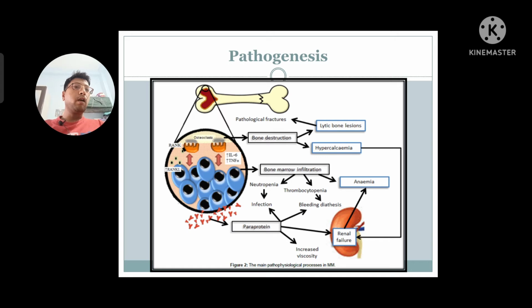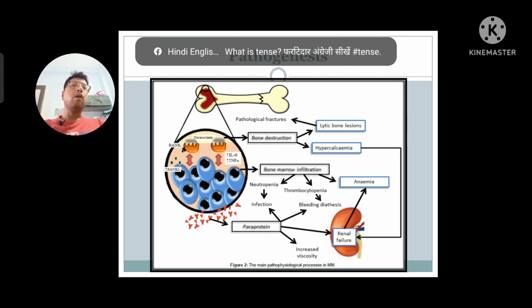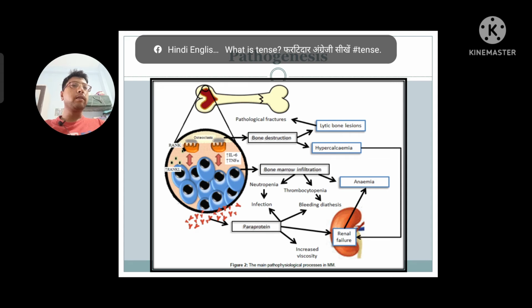Now the other part of the pathogenesis of multiple myeloma is the production of paraproteins. These paraproteins are basically immunoglobulins, or altered chains of immunoglobulin. These paraproteins are also called M proteins, or M component.